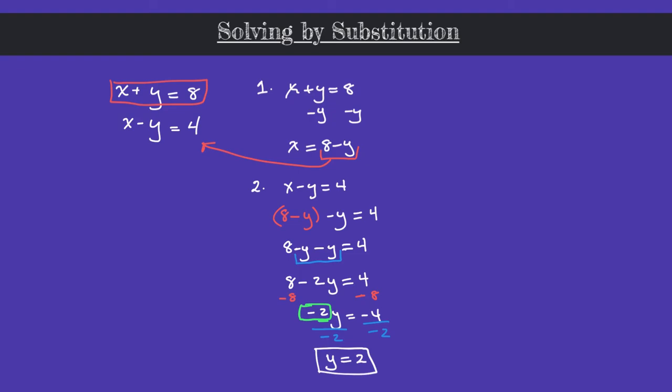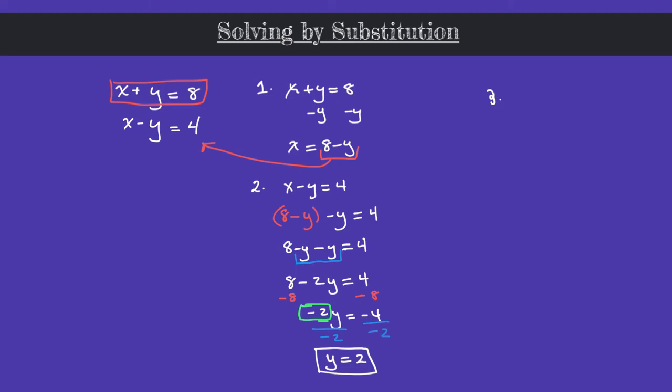Now, our third step, that answer, y is equal to 2, we're going to substitute it into our next equation and solve for our other variable, okay? Now, can you substitute this value solution for y into any equation? Yes, you can, but I'm simply choosing to go back to the other equation.